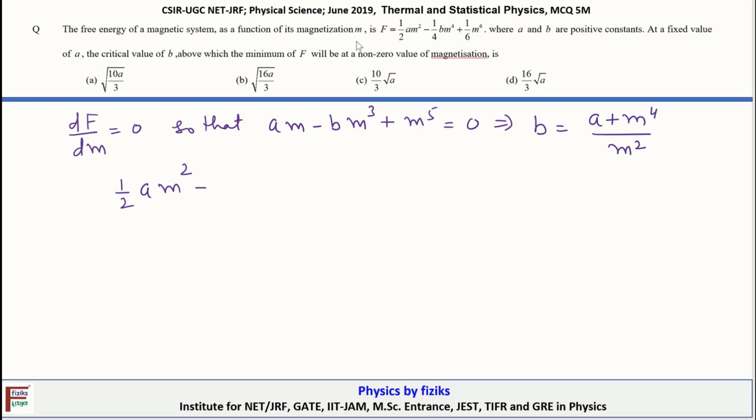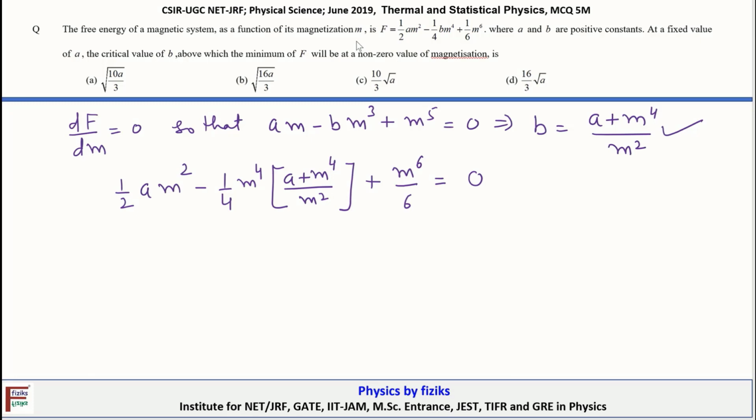We substitute the value of B that we have obtained: minus 1 by 4 M4 multiplied by the value of B that we just obtained by minimizing the free energy, so A plus M4 divided by M square, plus M6 by 6, and for this particular value of B the free energy will be 0.